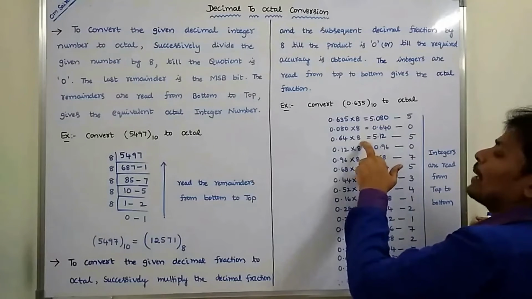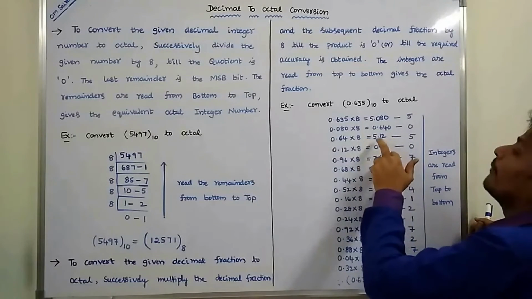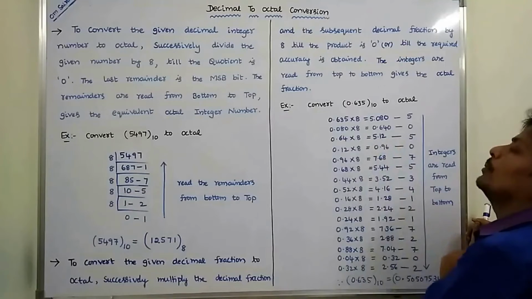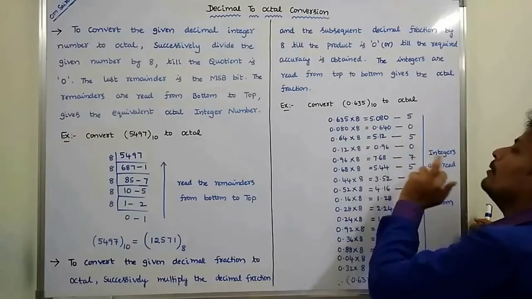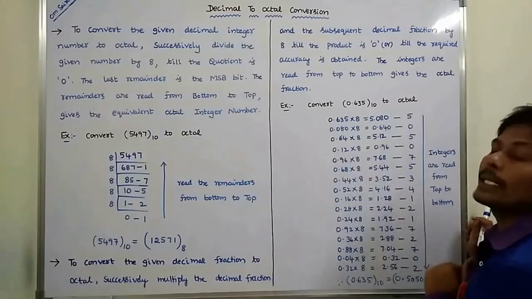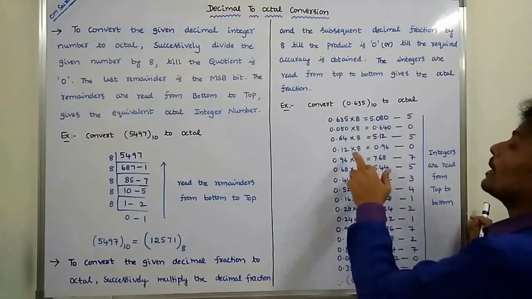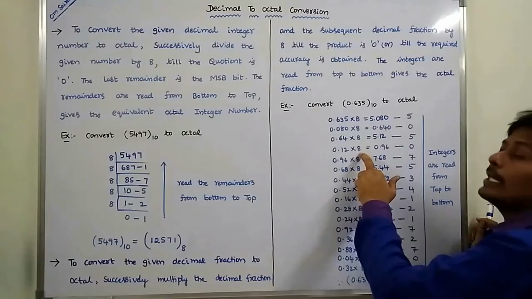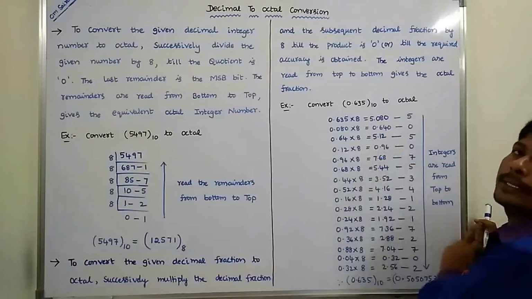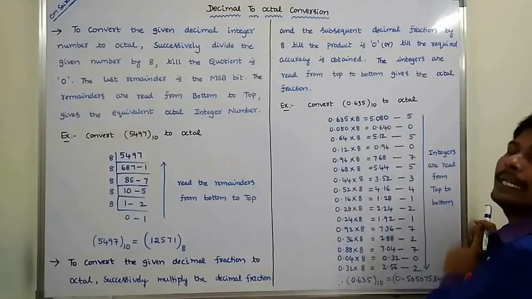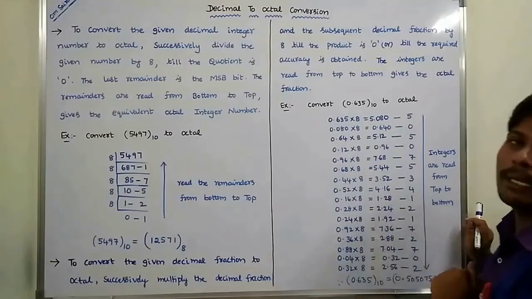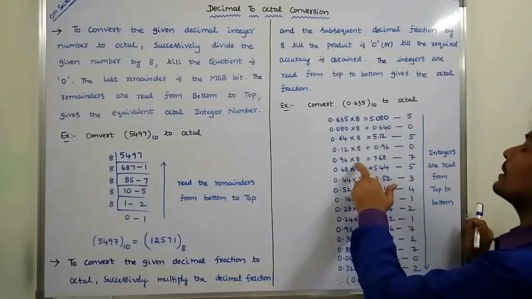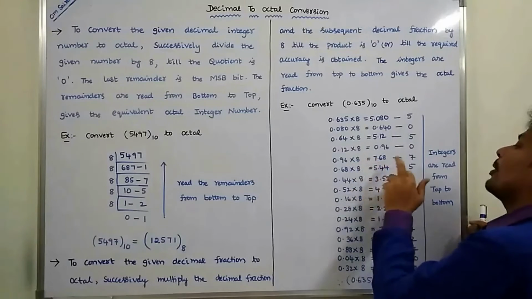Again it is multiplied with 8, we are getting 5.12. Okay, so separate the integer part 5, and the remaining part is 0.12. 0.12 is multiplied with 8, we are getting 0.96. We have to separate the integer part 0, the remaining fraction part 0.96 is multiplied with 8, so that is 7.68.